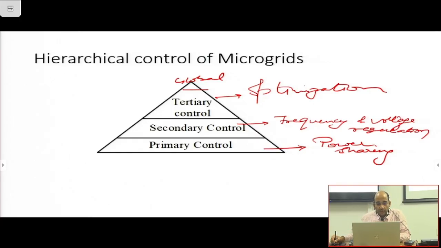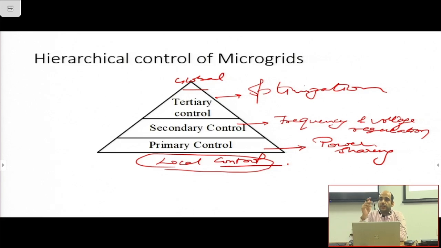Below the primary, you have the local, which is basically your voltage reference, the voltage controller, current control that we discussed in the previous case. The question comes, this local control is basically controlling the VOD star, VOQ star.